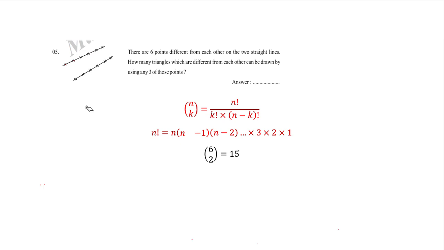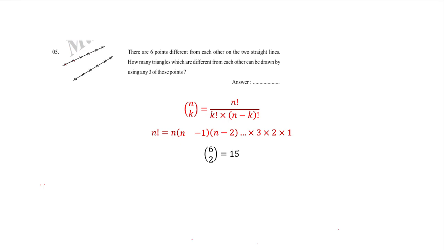So apparently there are 6 ways in each of the parts. Which means in there we have 15 times 6, which is 90. But that's from the top line perspective. But we can choose 2 points from the bottom line as well, and then we can combine them at 1 point in the top line.